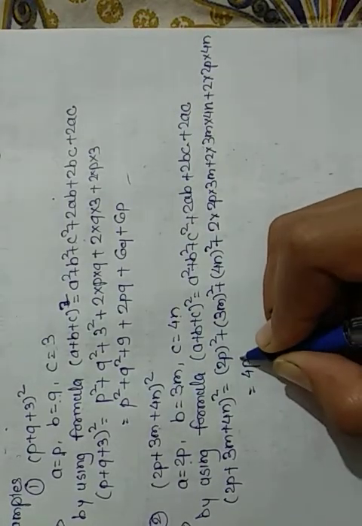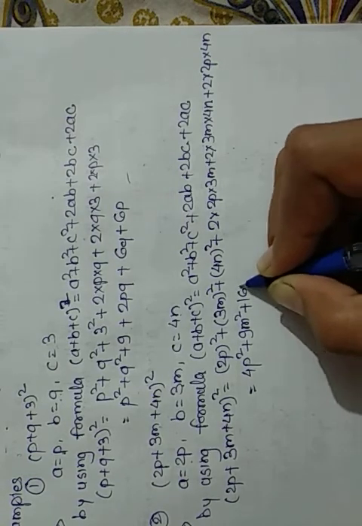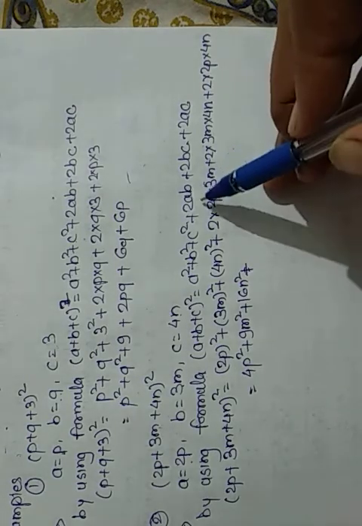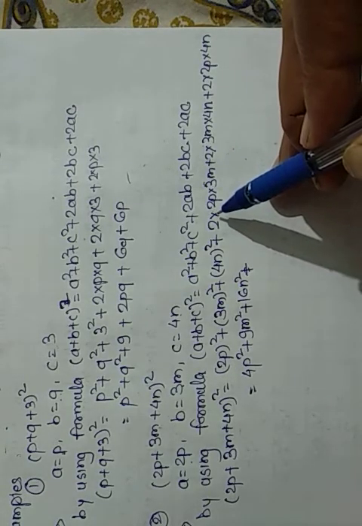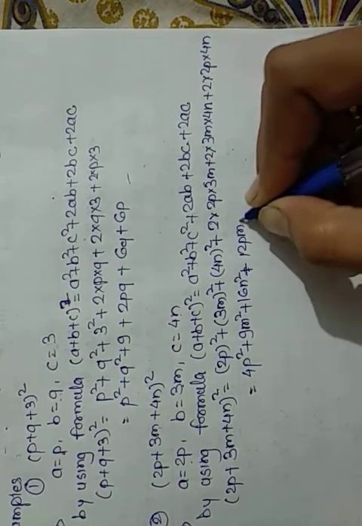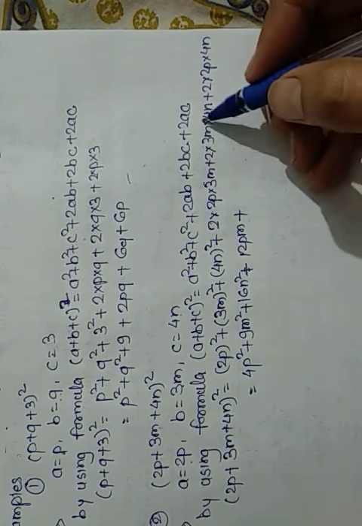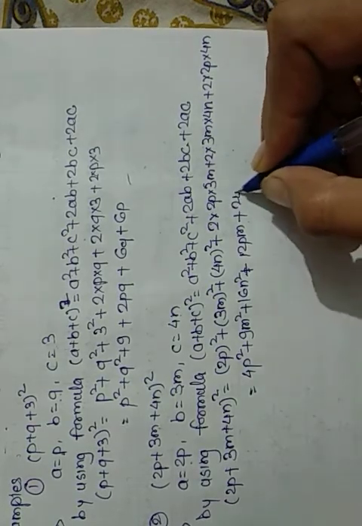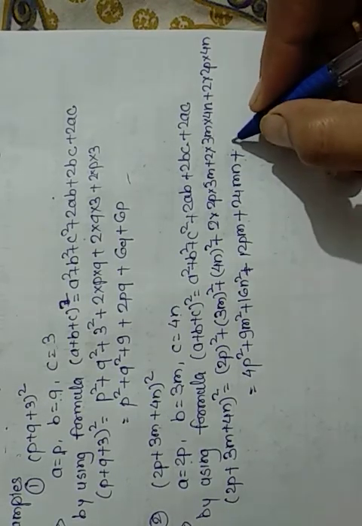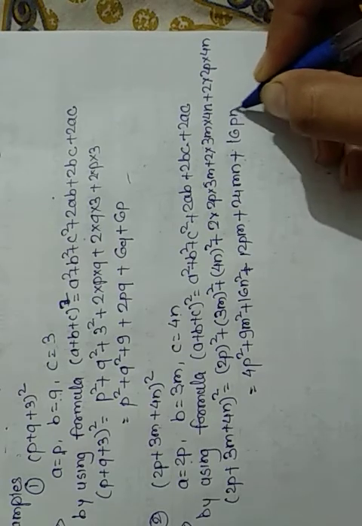Square is 4p square plus 9m square plus 16n square plus 2 into 2 is 4, 4 into 3 is 12pm, plus 3 into 4 is 12 into 2, that is 24mn, plus 16pn.